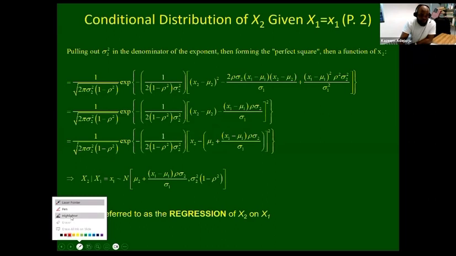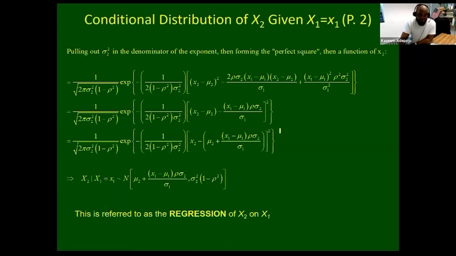So what I'm trying to say now is that this guy that I have is actually the conditional probability function of x2 given x1.